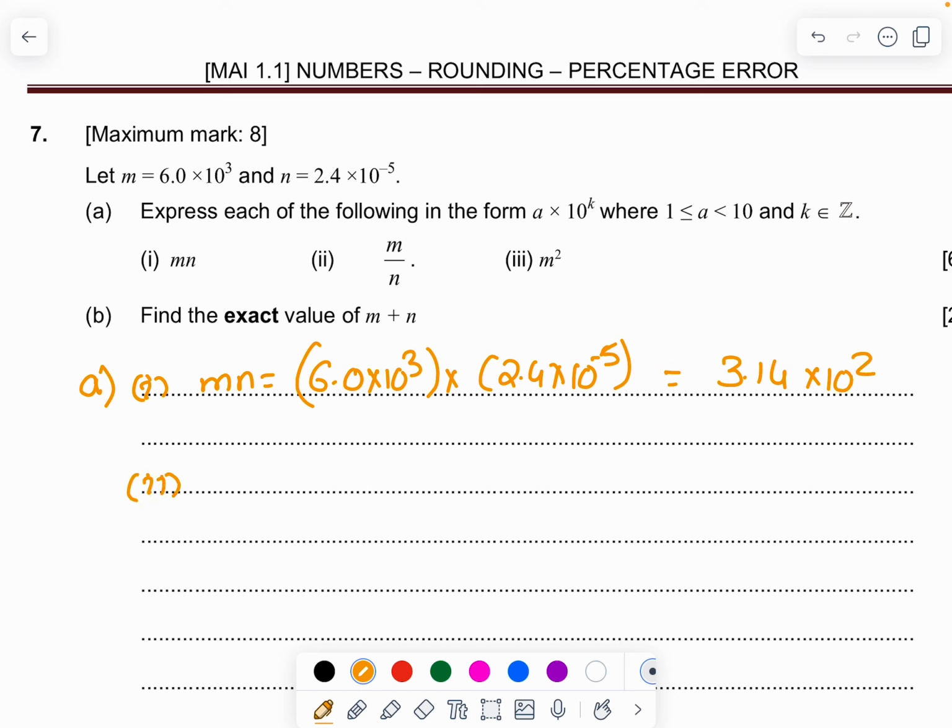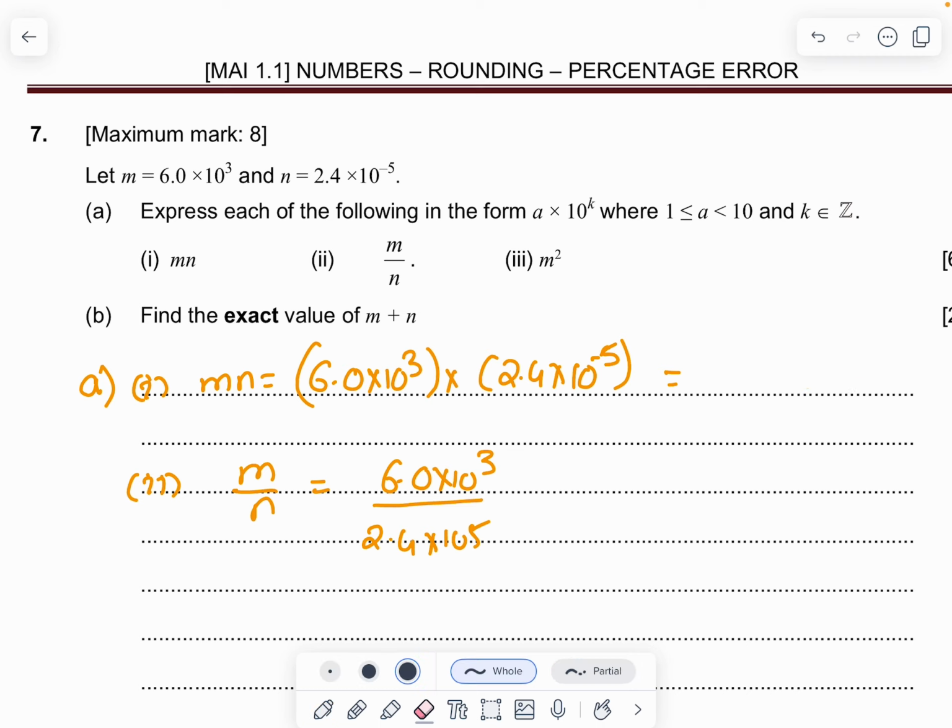Then part 2, M upon N. 6.0 times 10 power 3 divided by 2.4 times 10 power 5. This answer, for a change, I will be writing it out. This answer as 14.4 times 10 power negative 2.